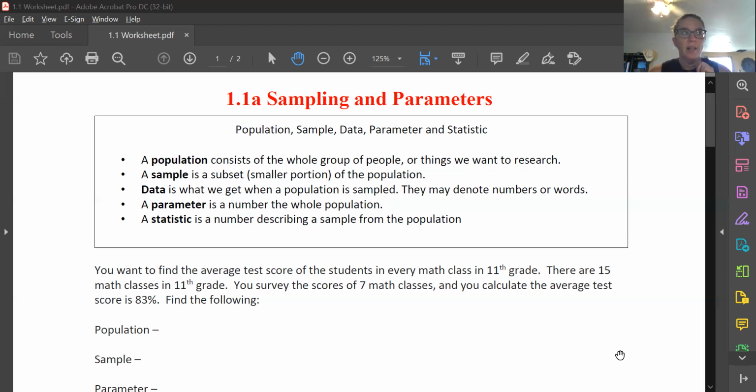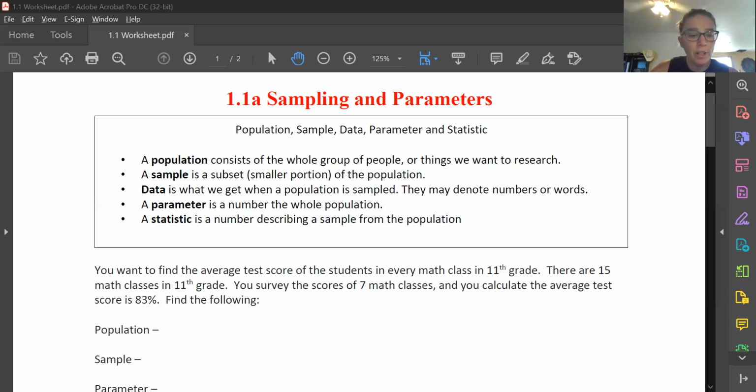So if I said, how long did it take you to commute to the stadium today? That number answer, that would be the parameter, the number for the whole population. Statistic, it's an S word, so it goes along with sample, is the number describing the sample. And so P parameter goes with population, S statistic goes with sample.